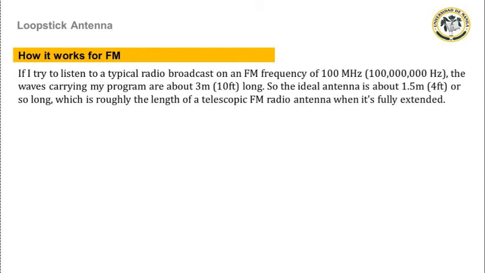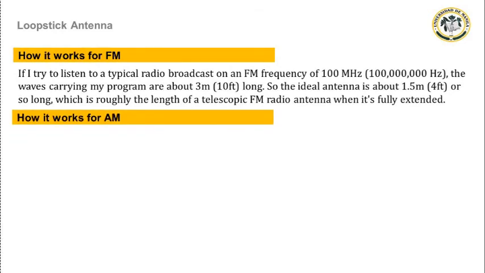So the ideal antenna is about 1.5 meters or 4 feet long or so, which is roughly the length of the telescopic FM radio antenna. Now, for AM, the wavelengths are about 100 times greater. So, how come we don't need an antenna that's 300 meters or 0.2 miles long to pick them up? Well, we don't need a powerful antenna. We just don't know it's there.